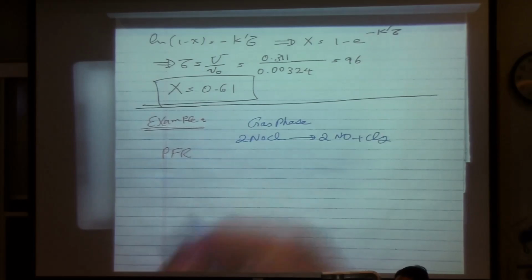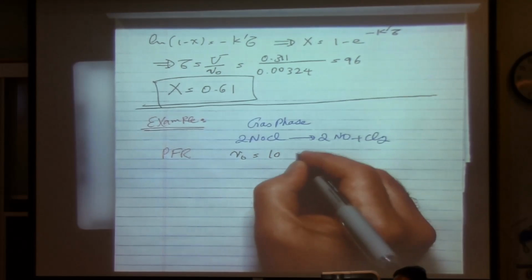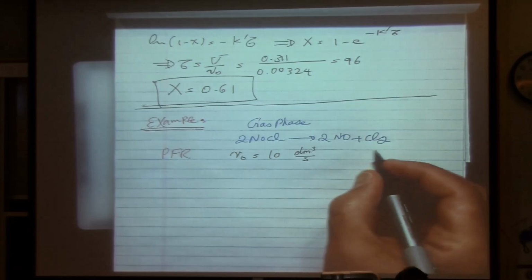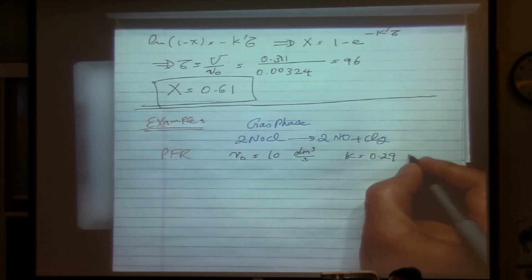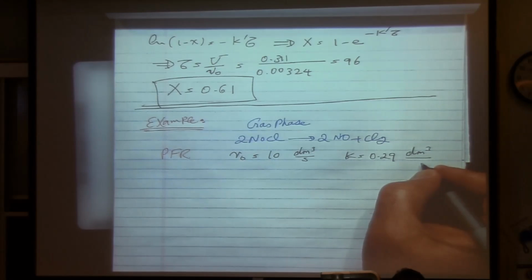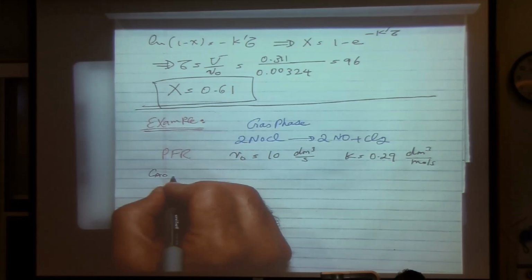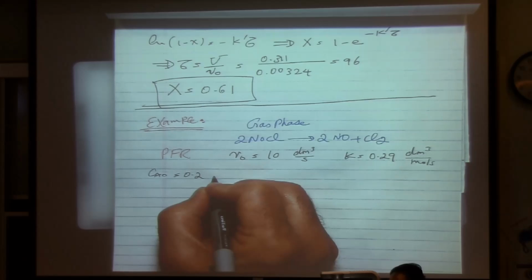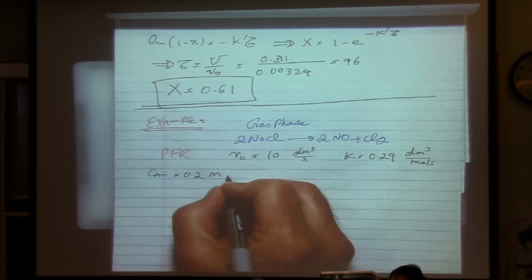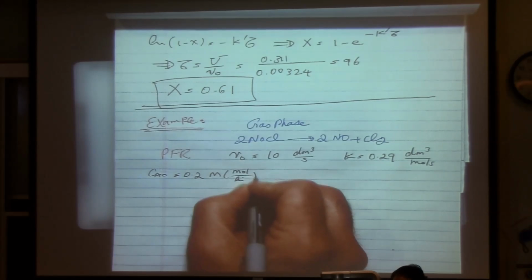Some data we have: V0 is 10 dm³ per second, k is 0.29 dm³ per mole second, CA0 is 0.2 molar. When we say capital M, it means mole per liter, or mole per dm³.